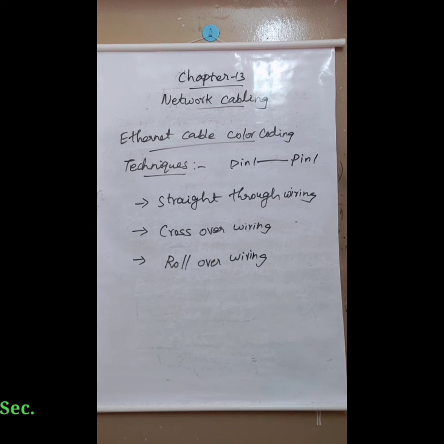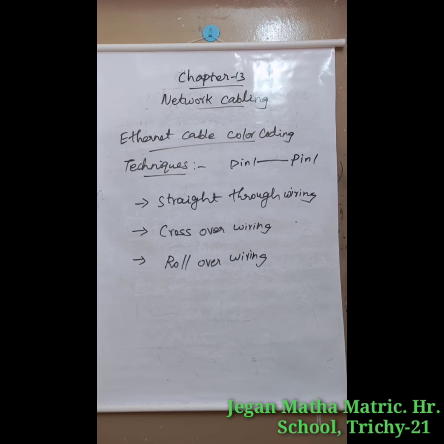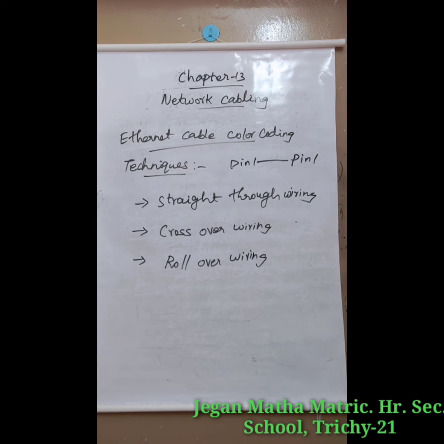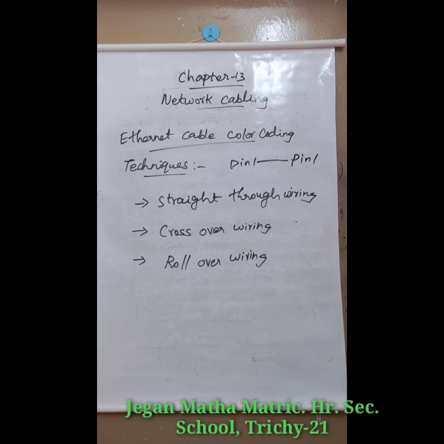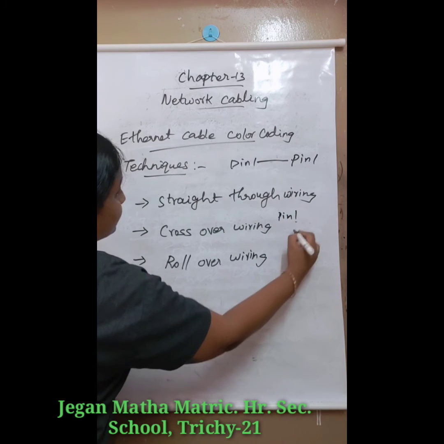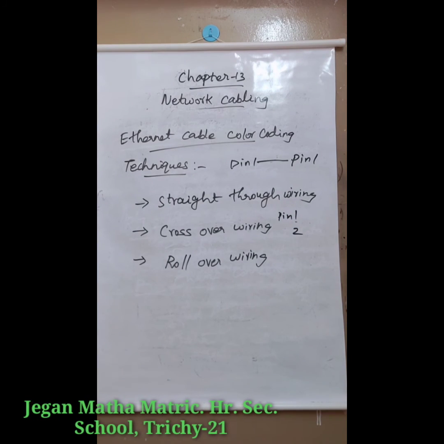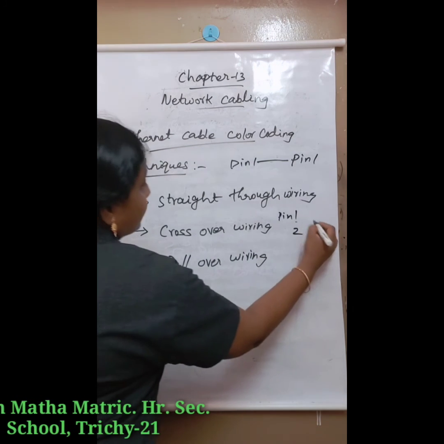Next one is crossover wiring. If you require a cable to connect two computers or Ethernet devices directly together without a hub, then you will need to use a crossover cable instead. Here the pairs will be crossed, which means pins 1 and 2 on the plug on one end are connected with pins 3 and 6 of the plug on the other end.